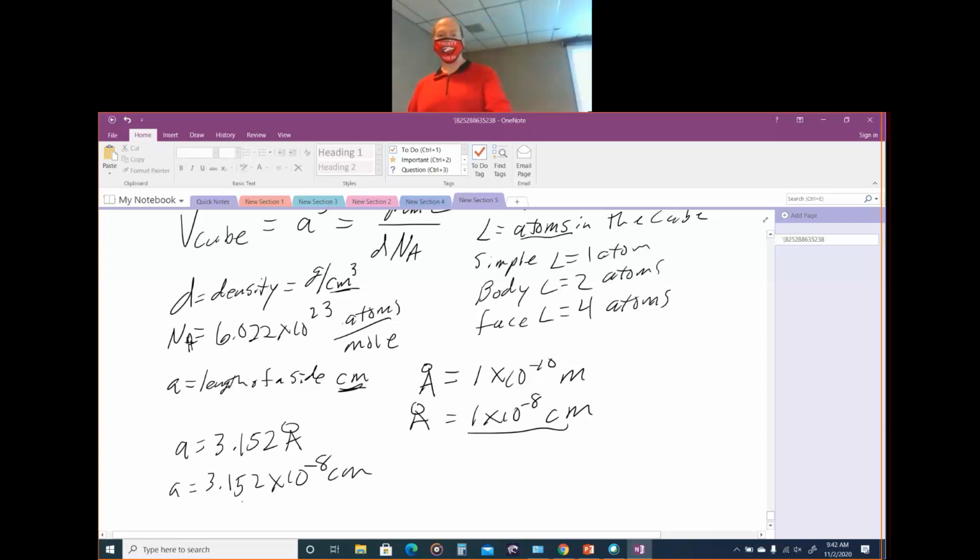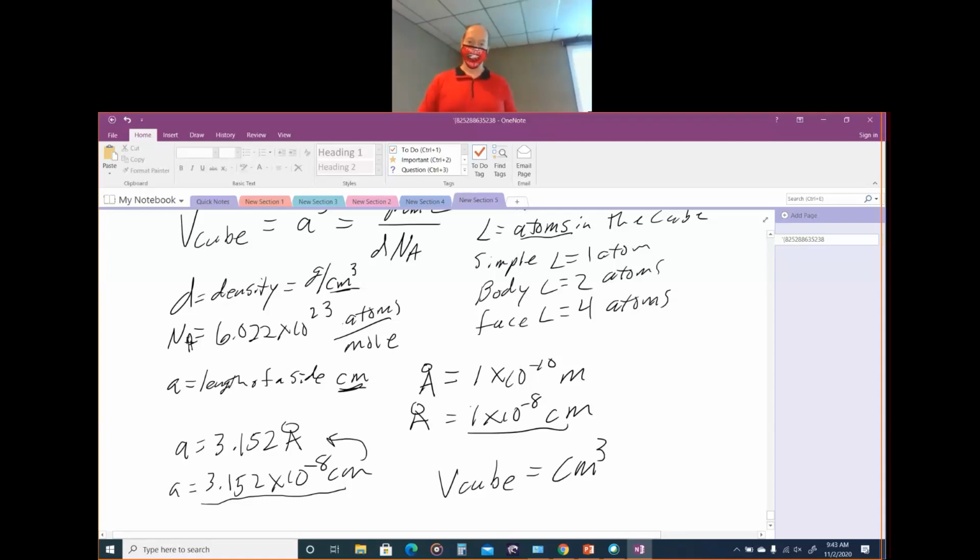Then all of your units work out just as planned up here. And note also, if you're getting the volume of your cube, that is going to be in centimeters to the third. So what I would do is solve for A, and then convert A, which is in centimeters, into angstroms, and then cube that.